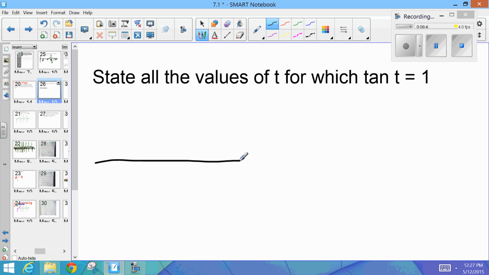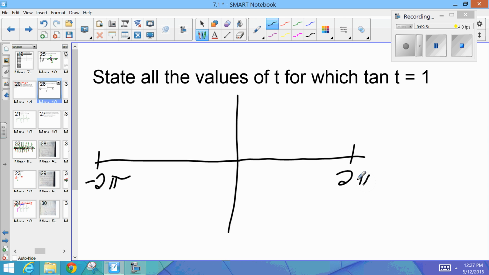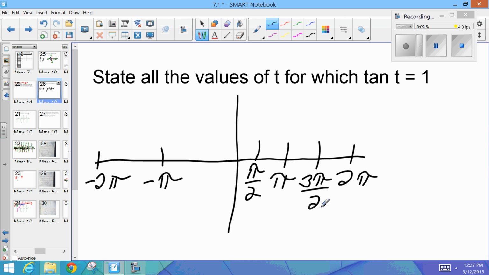I'm just going to draw from negative 2 pi to positive 2 pi so that we can see the repeating nature.